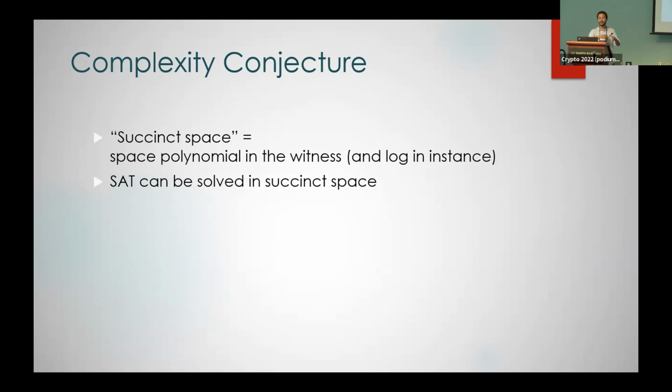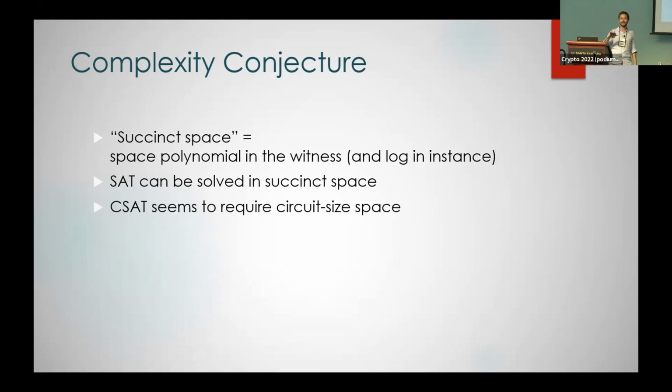Why? Because we simply need to iterate over all of the assignments. For each such assignment, we iterate over all of the clauses and verify whether they're satisfied by the assignment or not. So the space that we need here is exactly the witness plus log of the instance. On the other hand, there's a generalization of SAT called circuit SAT, which seems to require more than that. Circuit SAT is the language of Boolean circuits that are satisfiable.